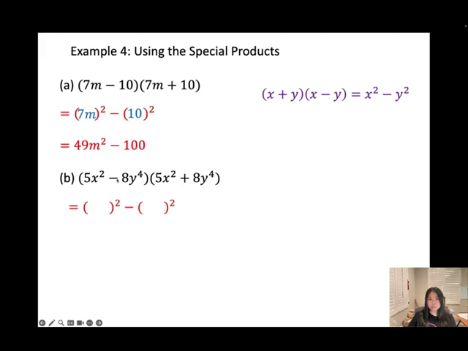And your x becomes 5x squared here, and then your y will be xy to the power of 4. Okay, right? And make sure for the square here, you distribute to the 5, and also you distribute to the x squared here. Okay, this is called the special products.